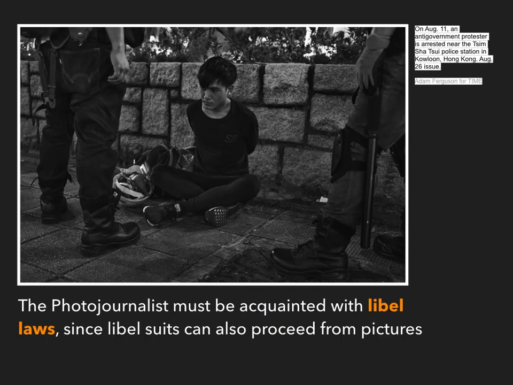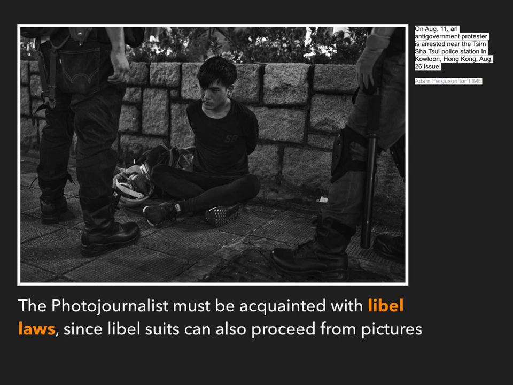The photojournalist must be acquainted with libel laws, since libel suits can also proceed from pictures. So, libel, for those that are informed about it, it's just a form of defamation. It's a way that you can damage someone's reputation depending on how you portray them. And so, don't publish anything that is false about your subject, or that would deliberately bring harm to your subject.